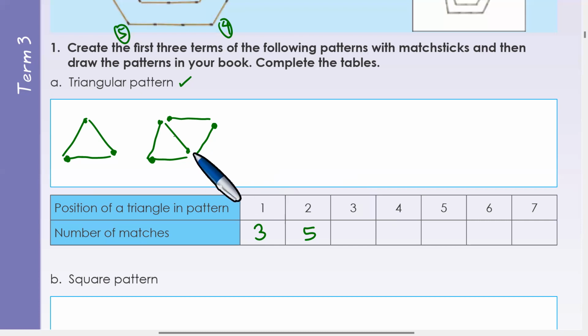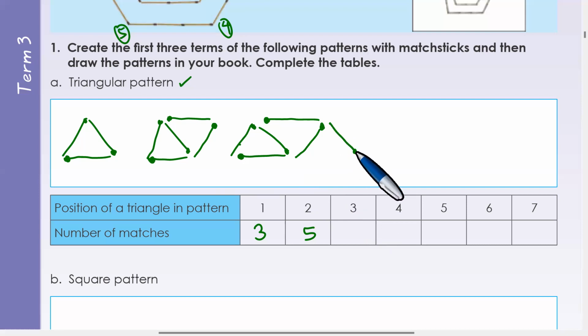Because now you're going to just complete first. You draw this one as it is. And then you do this, and then you do that, and then you do this, and then you do that. And then you do this, and then you do that.